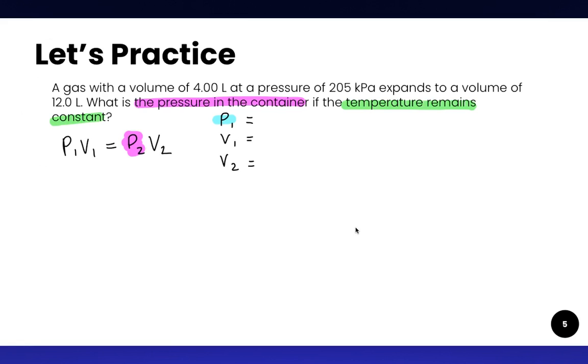The initial pressure is 205 kilopascals. The initial volume is 4 liters. And the final volume is 12 liters. Now we just need to plug everything in.